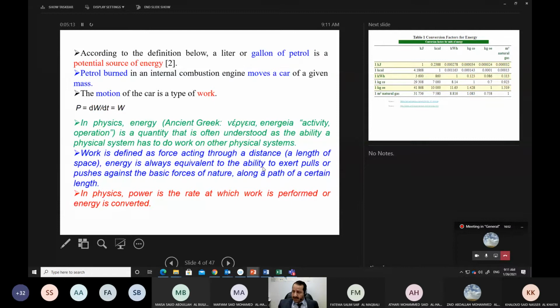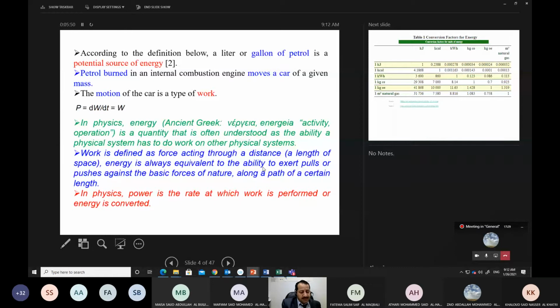When we burn it in the engine, we drive the car, then we change it to another shape of energy. For example, I burn the fossil fuel, it becomes heat, and the heat moves the piston inside the cylinder, and then the crankshaft, and then the wheels, then we drive the car, and we have mechanical energy now. So potential energy is there in our nature, let's use it. At the end it will produce mechanical work, this moving and motion.